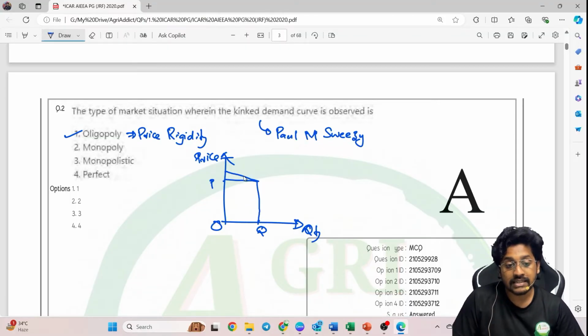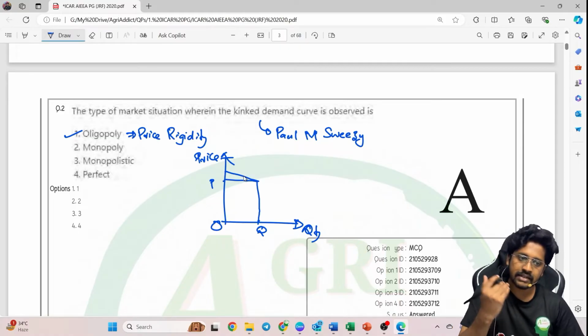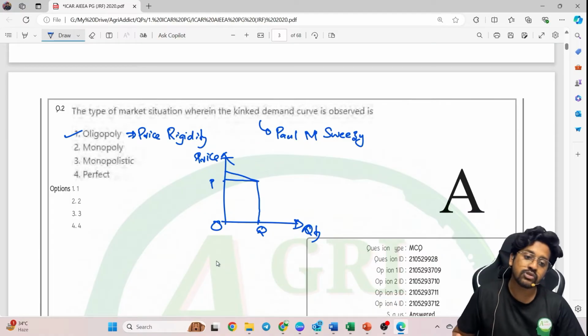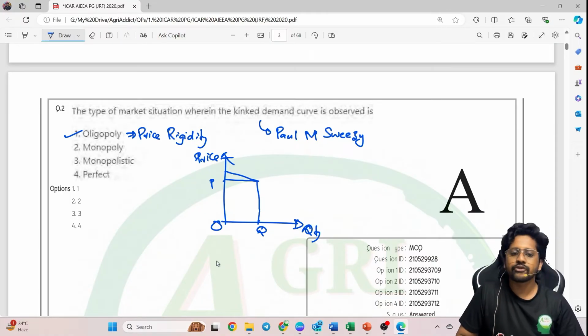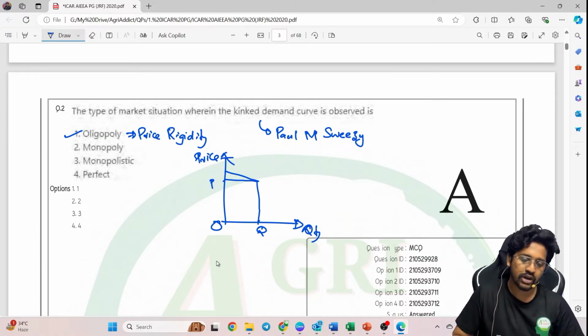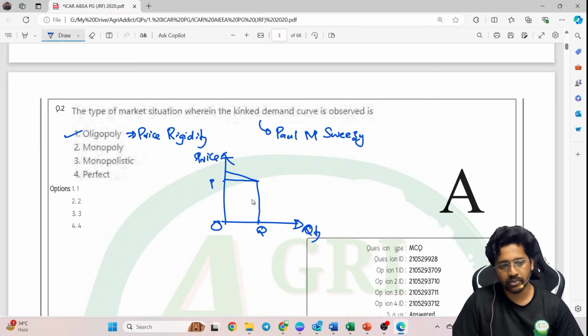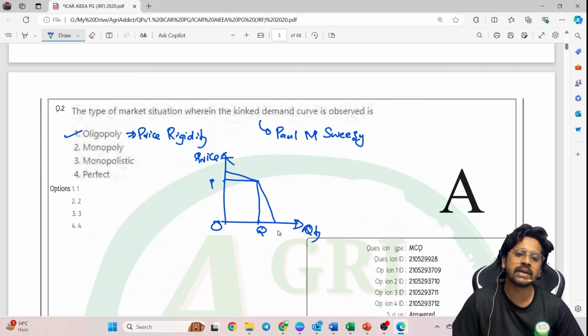Mostly the other firms inside that oligopoly market situation will be thinking that if that firm has reduced the price, all their customers will be going to that firm, so all the firms also will be following that price cut. So therefore there won't be much difference in the quantity which is sold at a reduced price. So after the point, below this equilibrium price or below this accepted price, the demand curve will be less elastic. So the demand curve will be steeper.